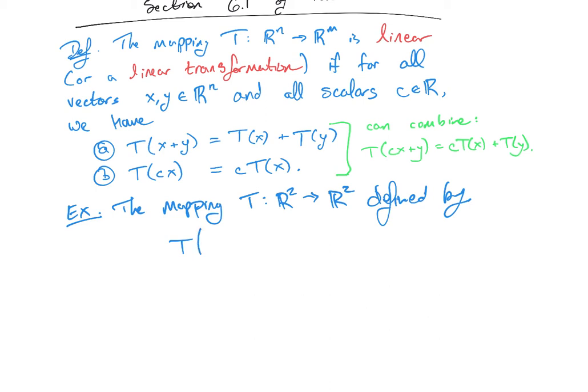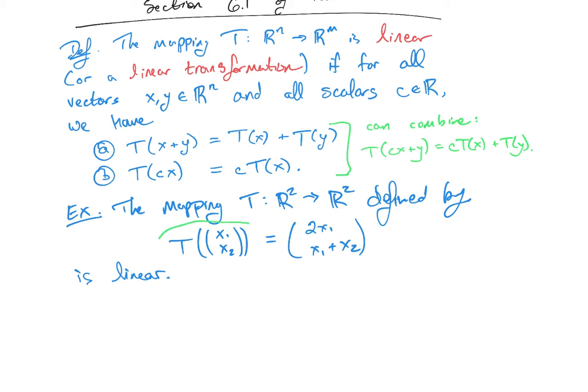Okay, so with that said, we would be looking at T applied to a column vector, x1, x2. Right, I'm defining the operation here. And I'll just put in something there. This is linear, okay?